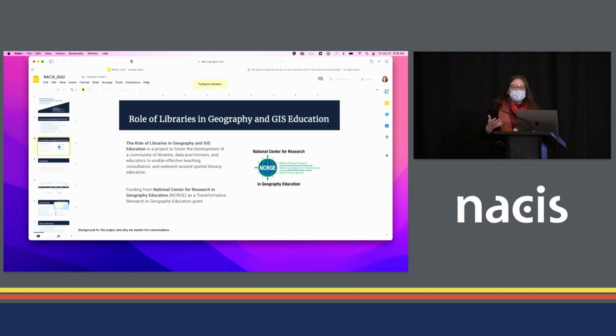One way that we decided we could do this was by bringing together people not only at our own university with my colleague Jessica Benner, but also working with people from across the continental United States, Canada, also some lucky individuals from Spain and New Zealand who got to join our group, to have conversations about what libraries can offer in terms of general education, how we can tackle critical issues of spatial literacy, particularly from, again, that cross-disciplinary perspective where we have students who might not have heard about not only the basic principles of map making, but even what latitude and longitude are, and really build that support out.